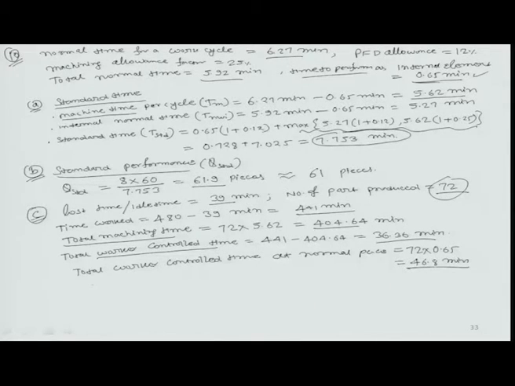So what will the worker's performance be? It is equal to 46.8 minute, the worker control time at normal pace, divided by the worker control time allotted, that is 36.36.